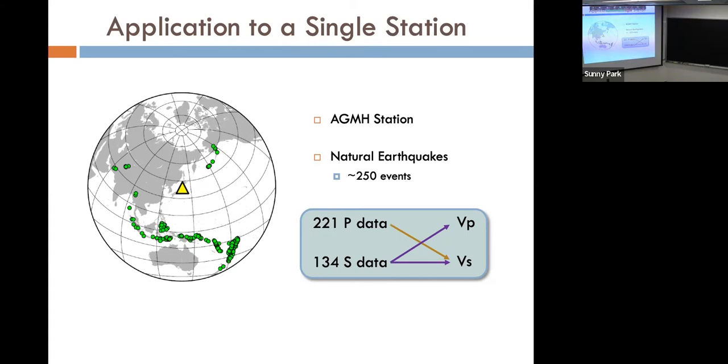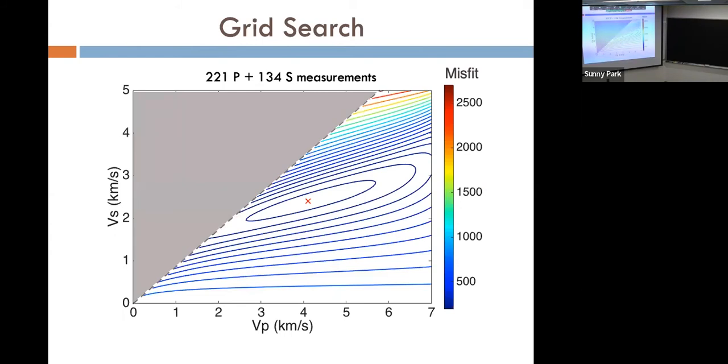We can do that with a simple grid search. On the horizontal axis, we have VP going from 0 to 7 kilometers per second. On the vertical axis, we have VS going from 0 to 5. The colored region is the search region, and the rest is the physically not possible region.